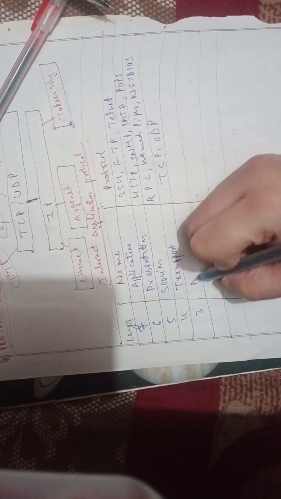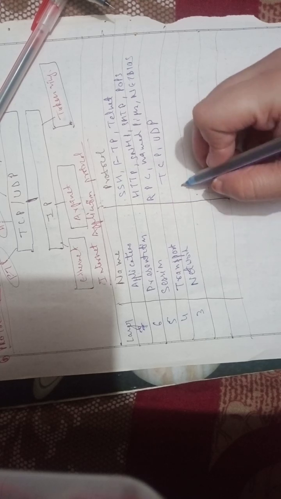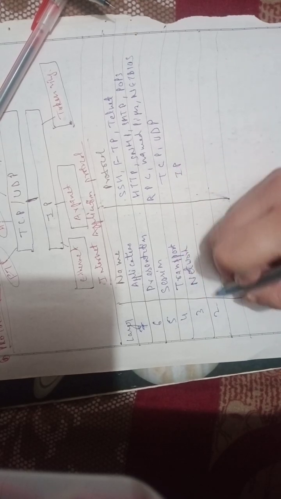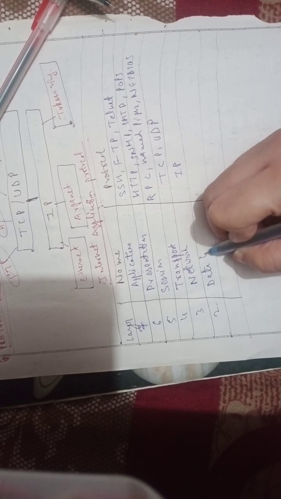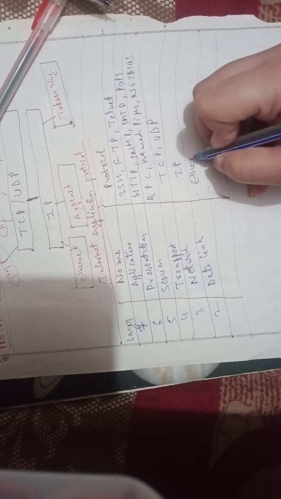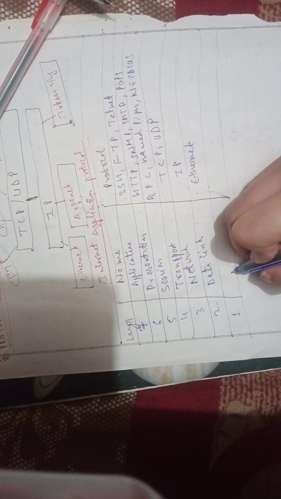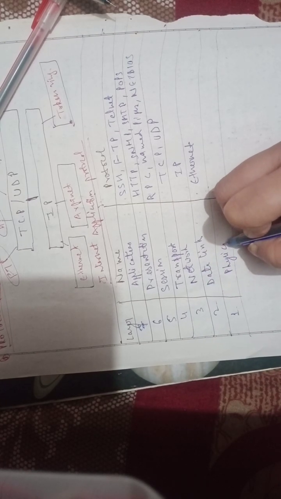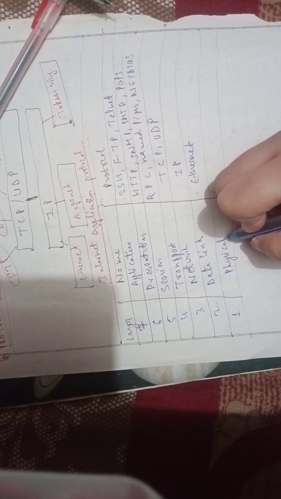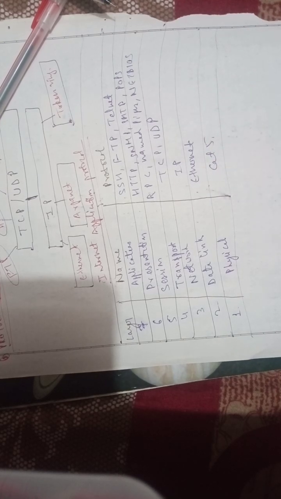Another is the third one, the network layer, and here it uses IP. Second is data link, which uses Ethernet. Another is physical, and the protocol used is Cat5. Then we will introduce these protocols in detail, so that it will be helpful for you all.